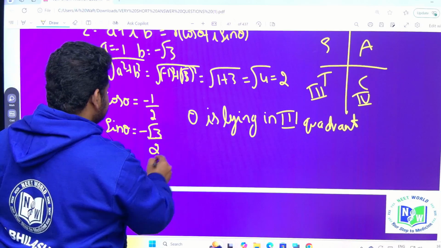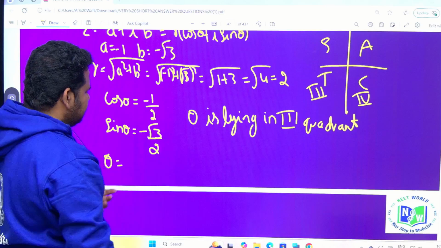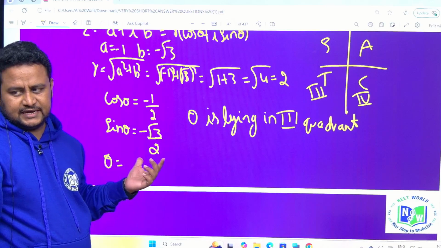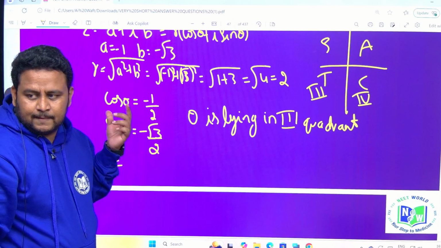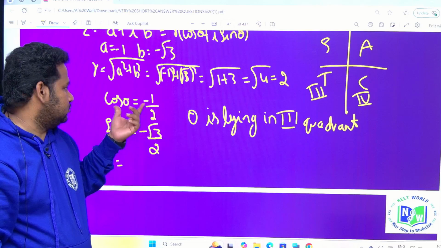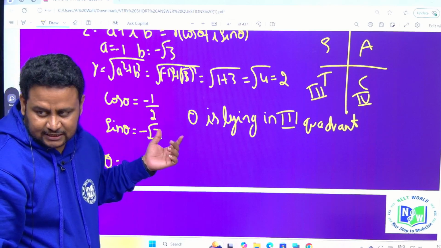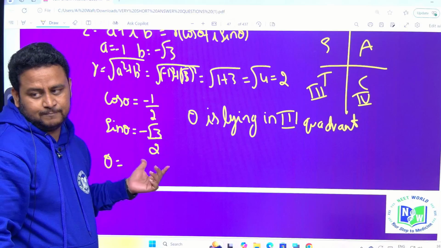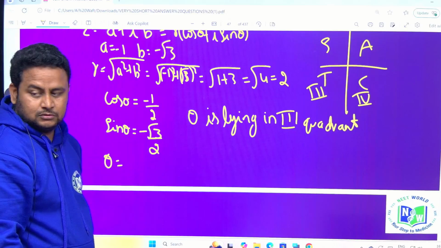Sin you will get as root 3 by 2 for which value? You will get it for 60 degrees; sin 60 is root 3 by 2. Cos you will get as 1 by 2 for which value? Again for 60 degrees. But here you are getting negative values, that is, cos theta is minus 1 by 2 and sin theta is minus root 3 by 2. So what should I do?